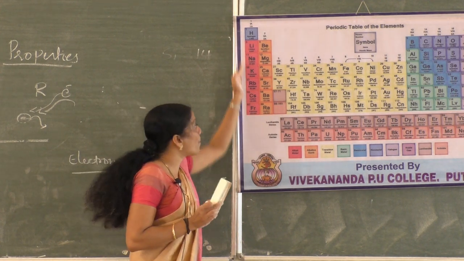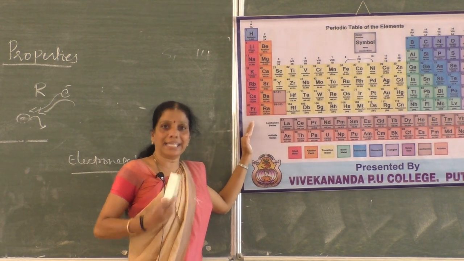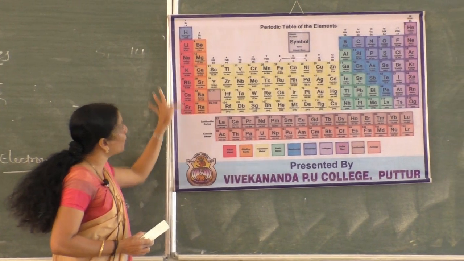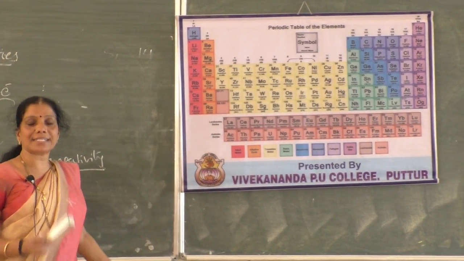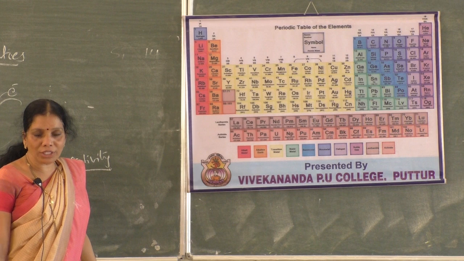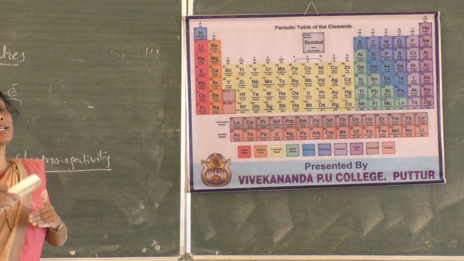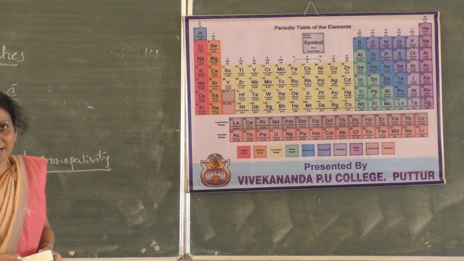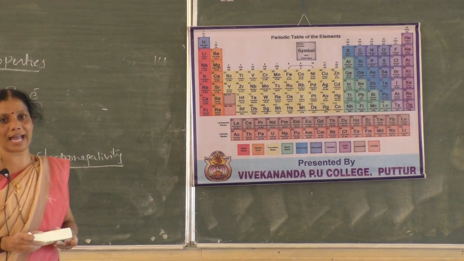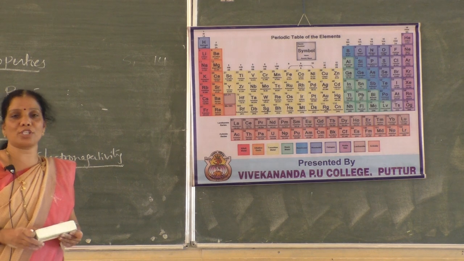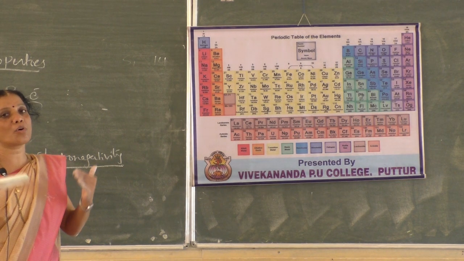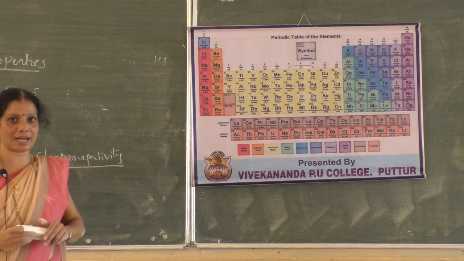Therefore, electropositive character increases down the group. We know that all the metals are electropositive in nature. Higher tendency to donate the electron means more electropositive character, and more electropositive character means more metallic character.